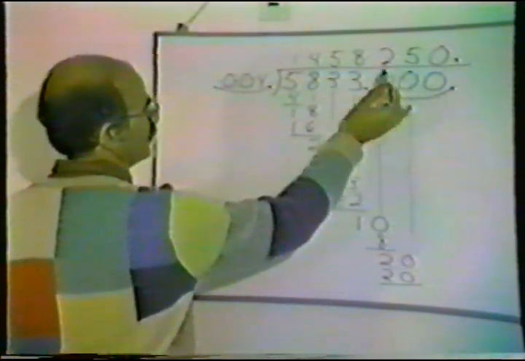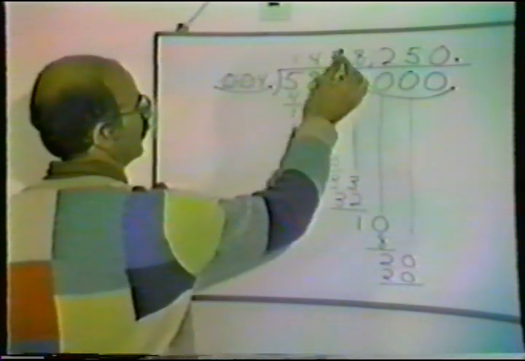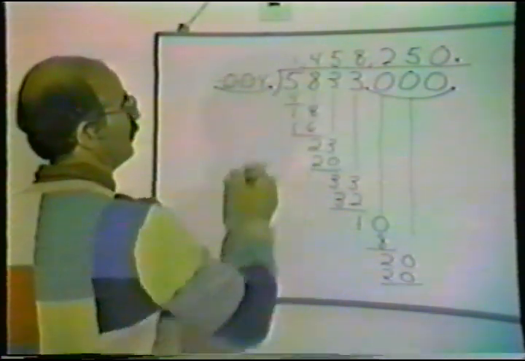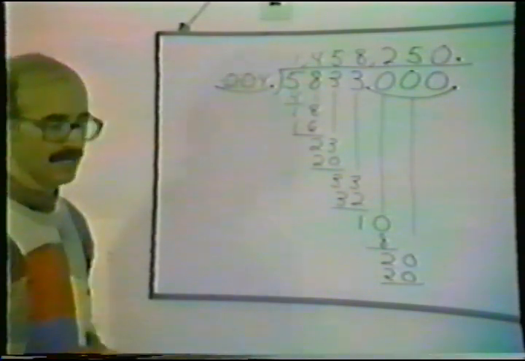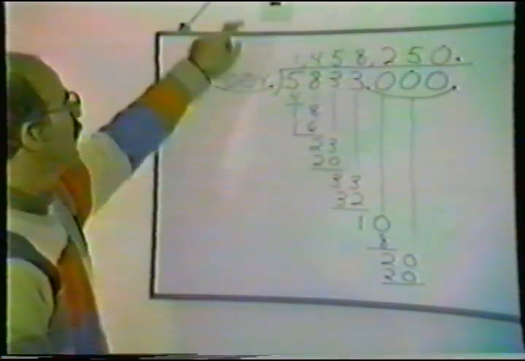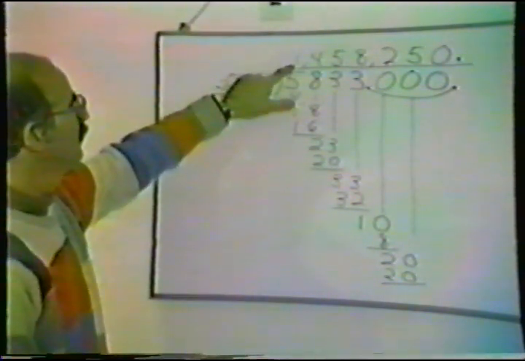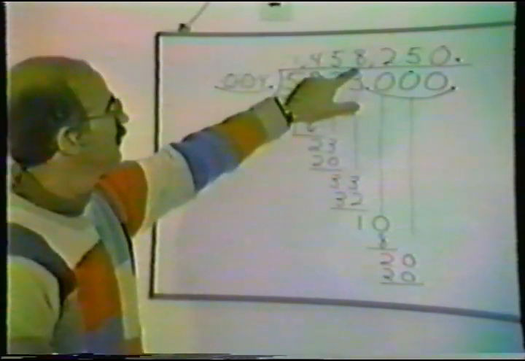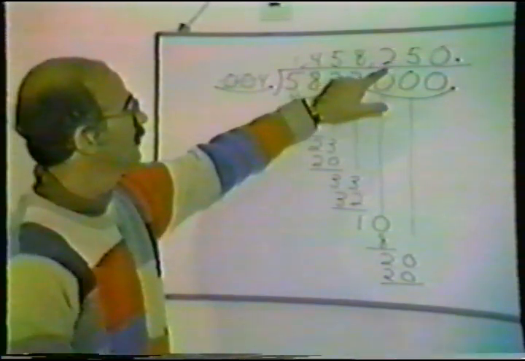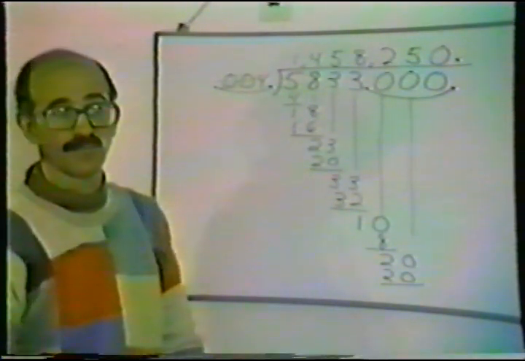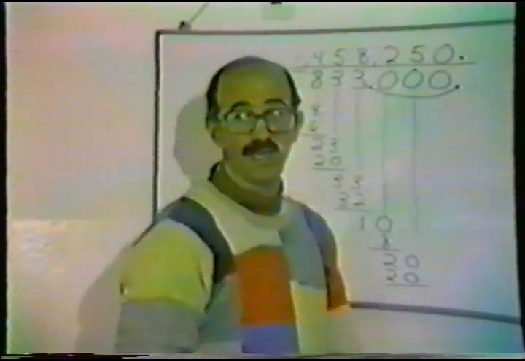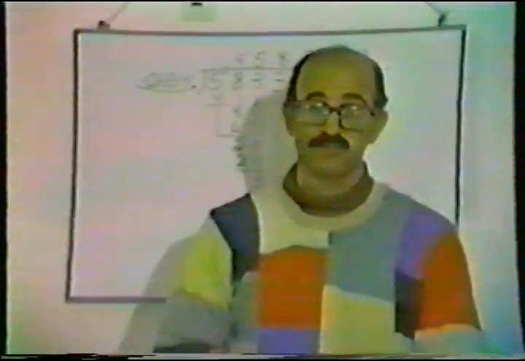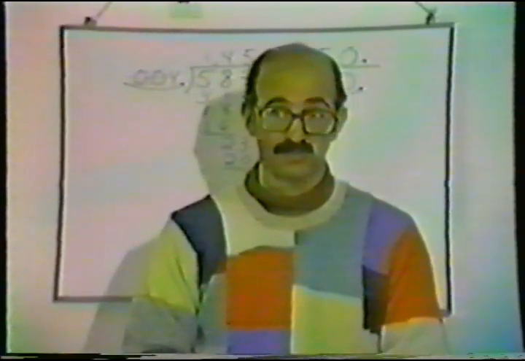Working back this way, we could put a comma in here and a comma in there, and that might help us. What is this answer? 1,458,250. Very good. And that's how to divide decimals.